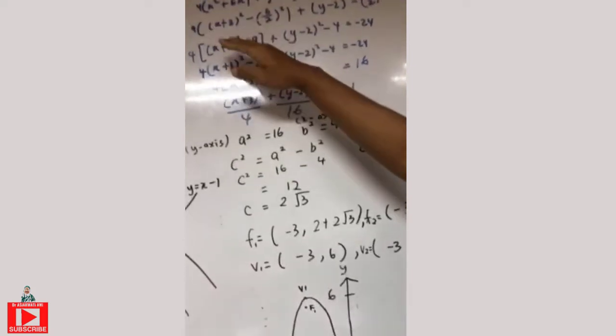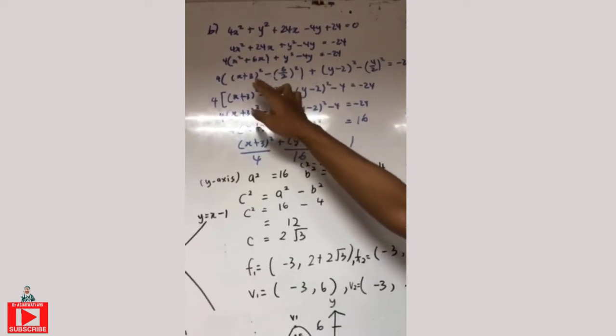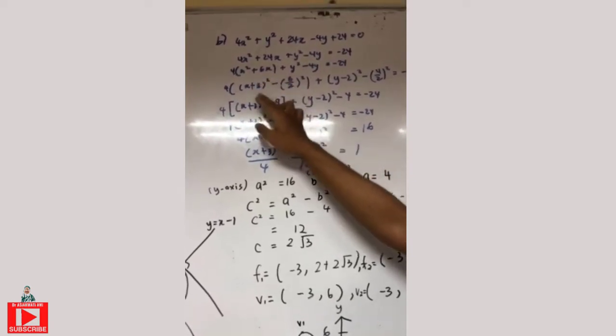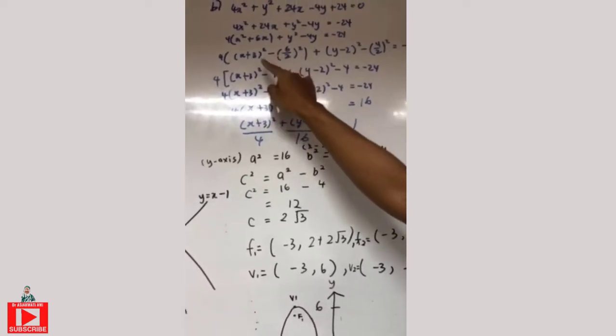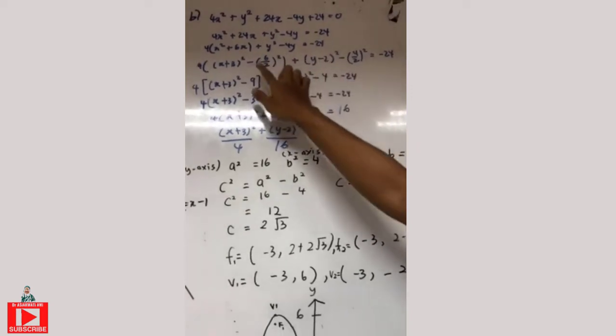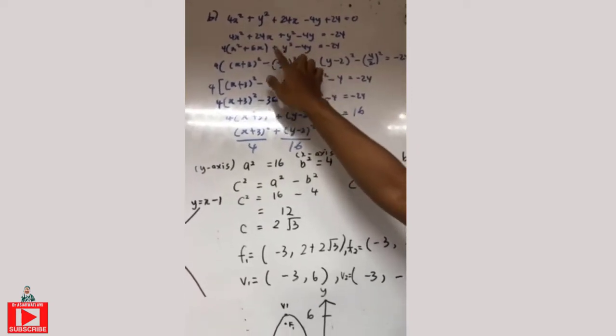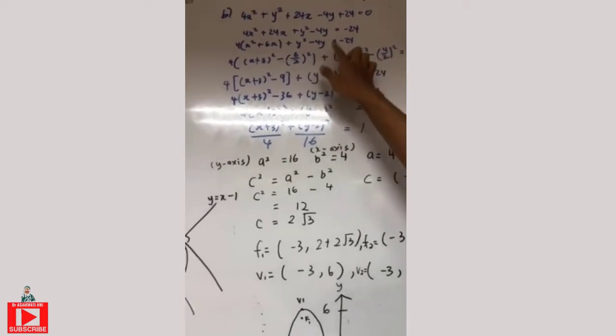Lepas tu kita kena guna completing the square punya method. Completing the square, okay, kita gunakan completing the square punya method. Yang 6 ni kita akan bahagi dengan 2, dan square, memang sama je method dia.